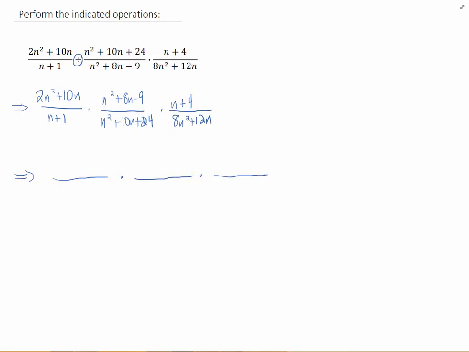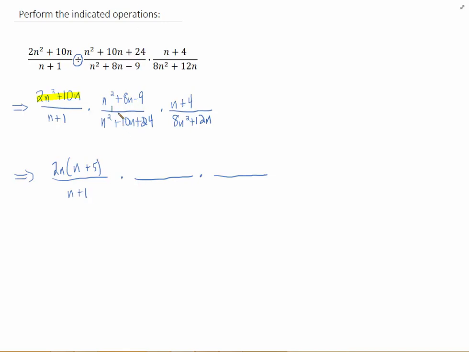All right, so the first expression, 2n² + 10n. Well, I can factor out a common factor of 2n from those terms. So 2n times (n + 5). Now, n + 1 cannot be factored, so let's leave it alone.